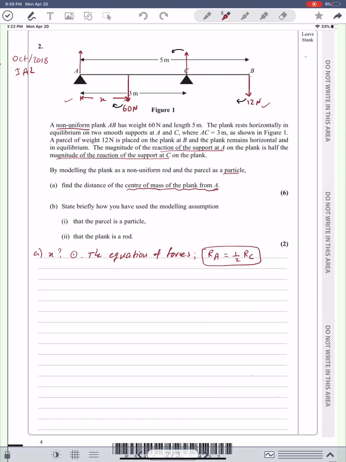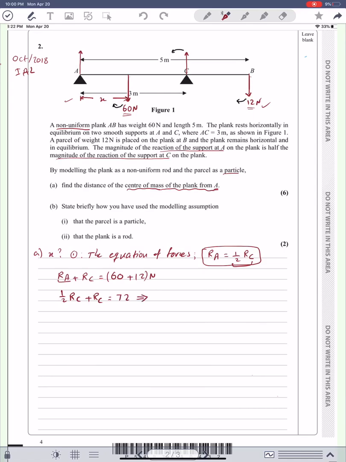So the first equation: RA upwards plus RC upwards is equal to 60 plus 12 newtons downwards, which is 72. Replacing RA with half RC: half RC plus RC is equal to 72.